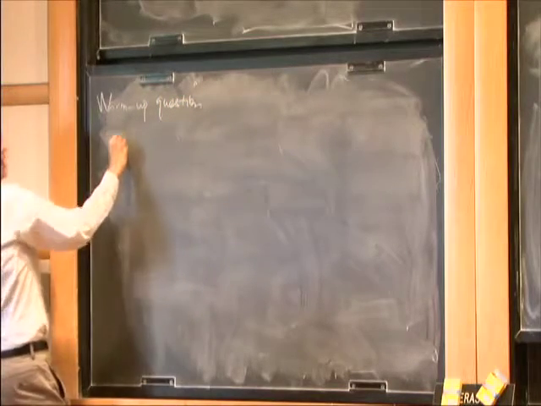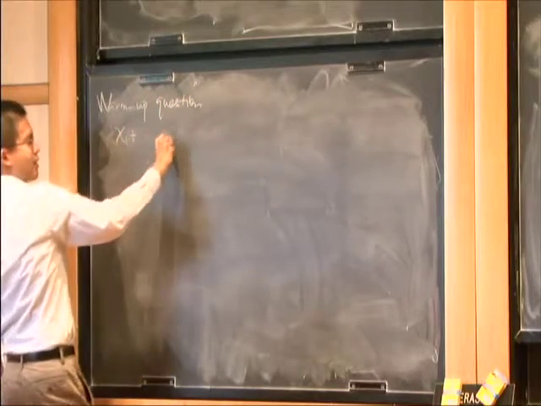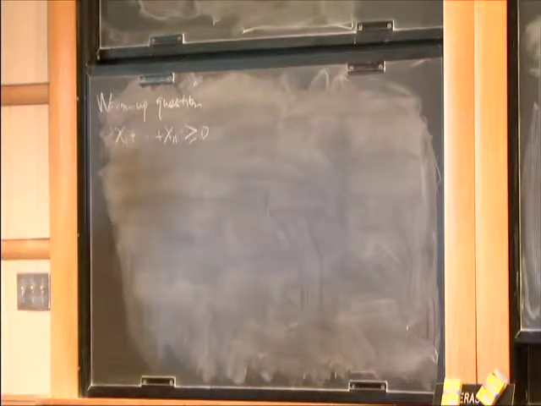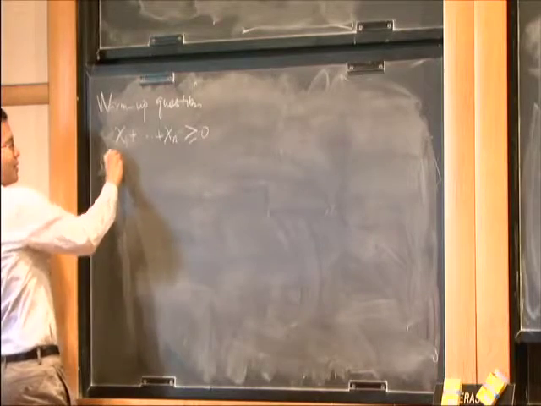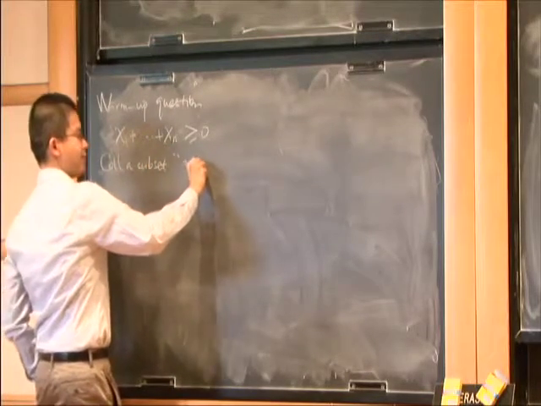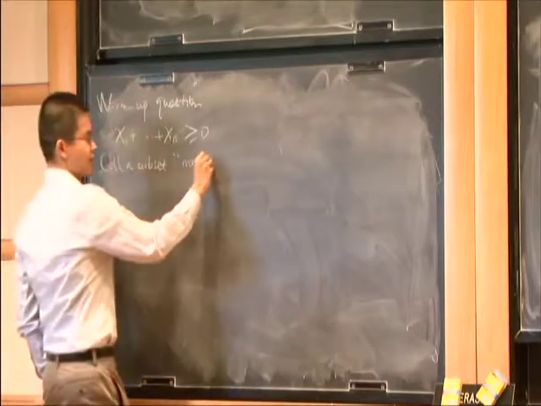So let's start with a very simple warm-up question. Suppose we have n real numbers, s1, s2, up to sn, and we know the sum is non-negative. Then we call a subset non-negative if the sum of its elements is non-negative.